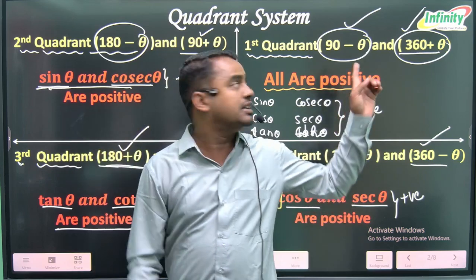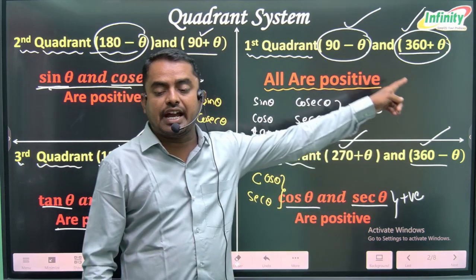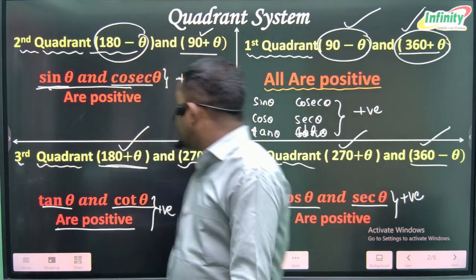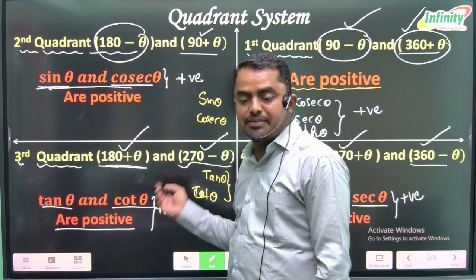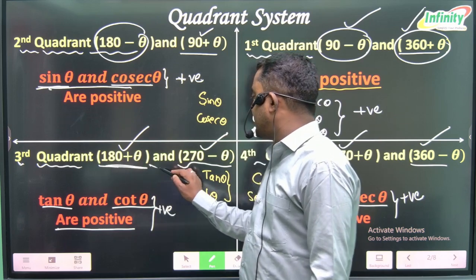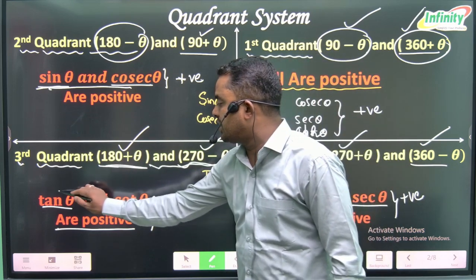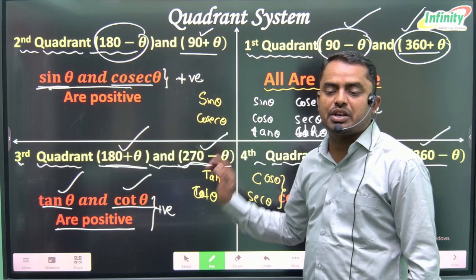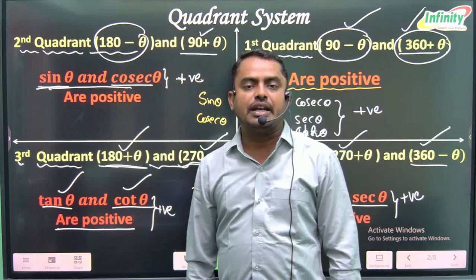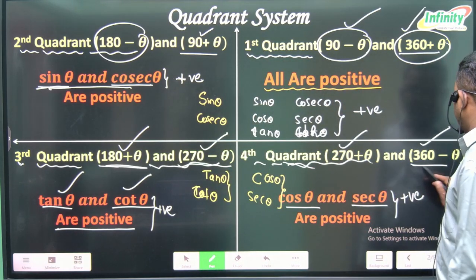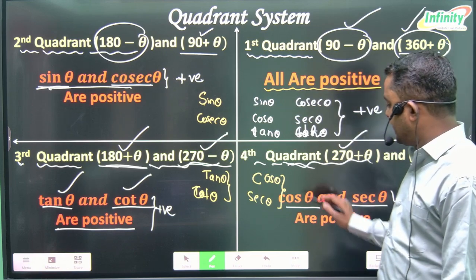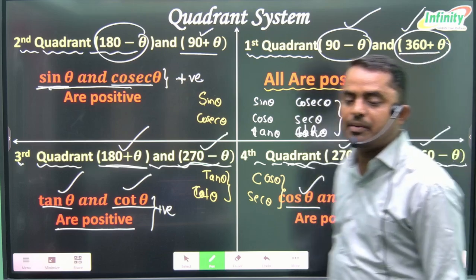First quadrant means 90 minus theta and 360 plus theta. In the third quadrant, meaning 180 plus theta and 270 minus theta, tan theta and cot theta are positive, remaining four functions are negative. And in the fourth quadrant, meaning 270 plus theta and 360 minus theta, cos theta and sec theta are positive, remaining are negative.